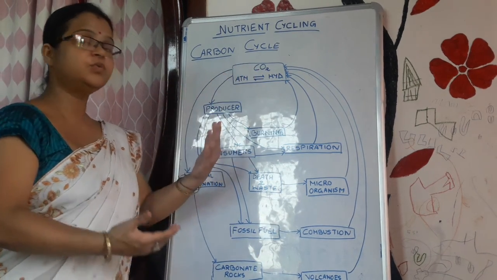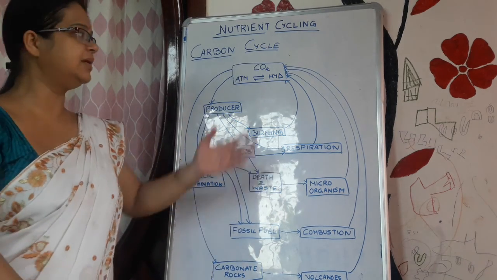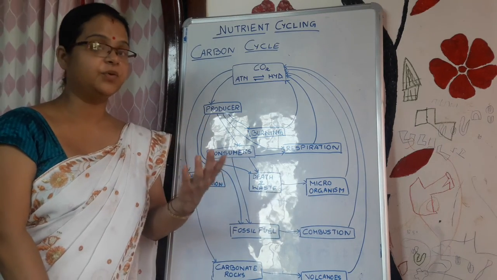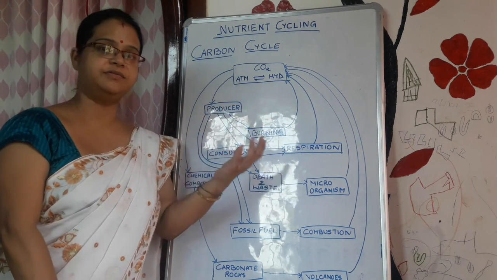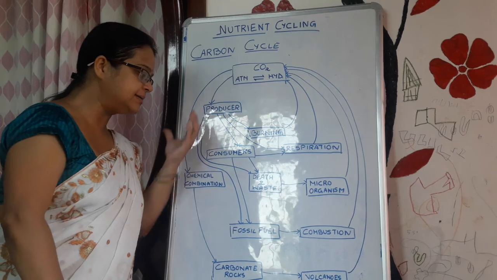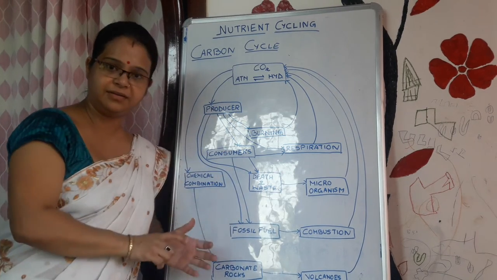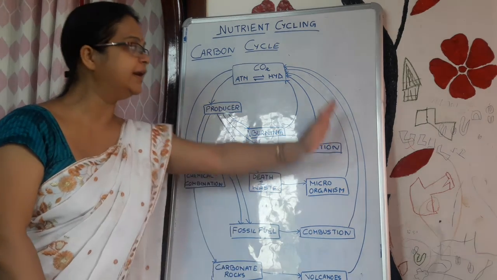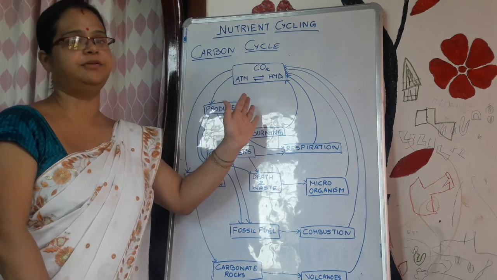So what happened? Indirectly we are saying that whatever amount of carbon dioxide is used from the atmosphere or hydrosphere is used in different steps and finally returned back to the atmosphere or hydrosphere.